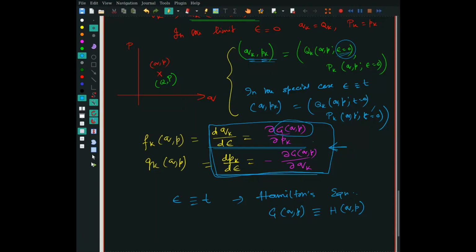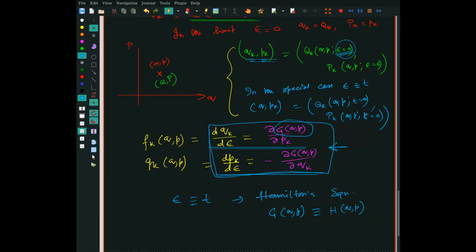So any arbitrary G q p would give you evolution along the epsilon direction. Hamiltonian is a special kind of generator which generates the evolution along time. Okay, so the Hamiltonian basically gives you the evolution along time.